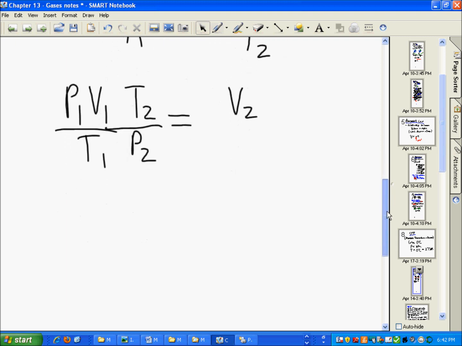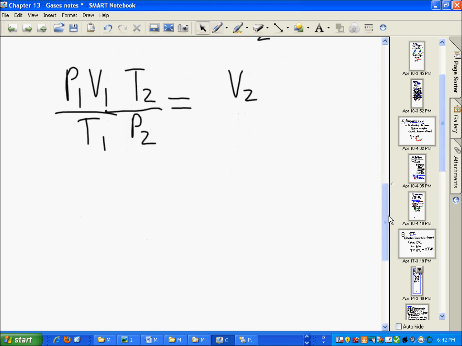Now I'm going to move things around a little bit, and I'm going to put V2 on the left just so we can read left to right. And then I'm going to make it so that the P's and the T's are over top of one another. You don't have to do this, it's just going to make it easier to see what's going on.